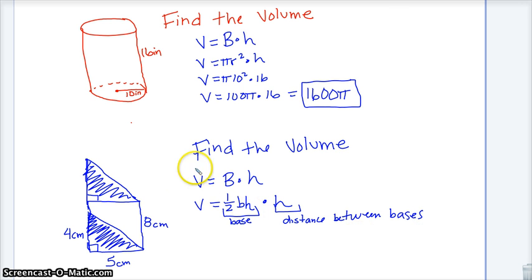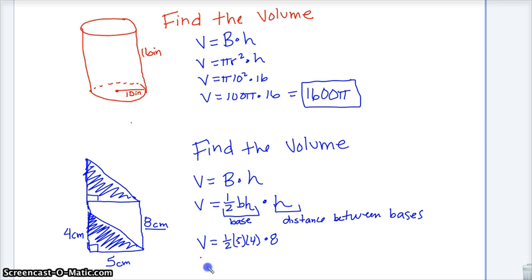All right, let's fill in what we know. The volume is 1/2 times the base, and again we're referring to just the base of this triangle, 5 times 4, times the height of the prism, which is 8 centimeters. That's the distance between my bases.